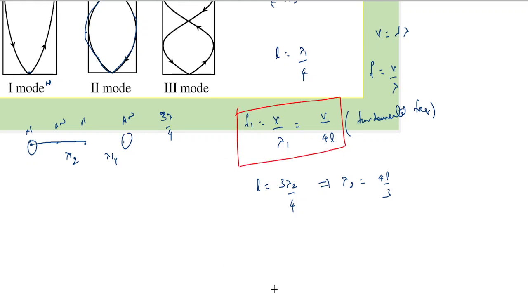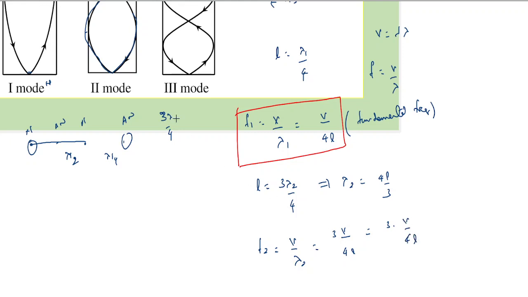Therefore, the frequency in this case is f3, that is v by lambda 3, which is v divided by 4L by 3, so 3 times v by 4L.